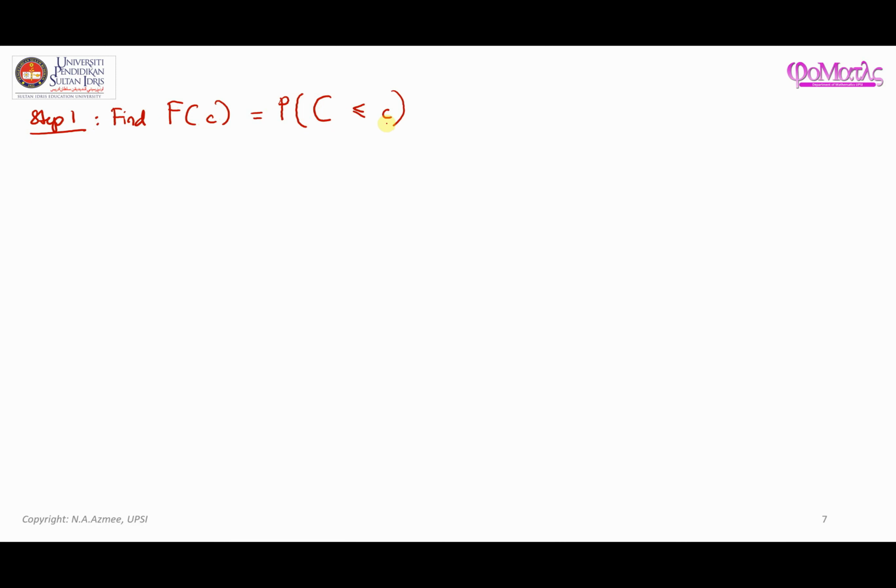So this is a specific value, and this is our random variable. We want to know the probability that our random variable is less than or equal to a certain value. For example, the probability that x is less than or equal to 3, or the probability that C is less than or equal to 2.5. Here is the random variable, and this part here are specific numerical values.